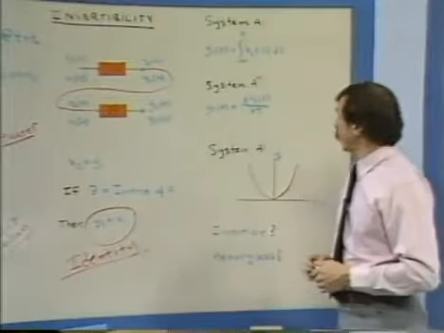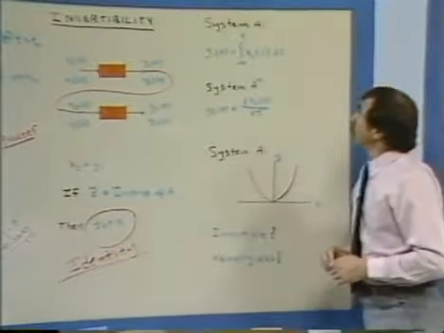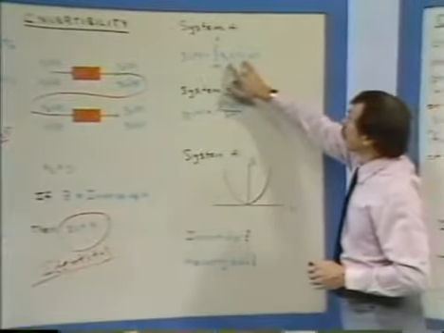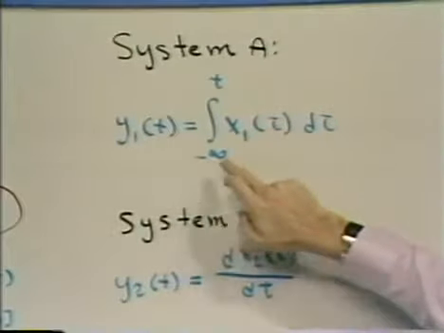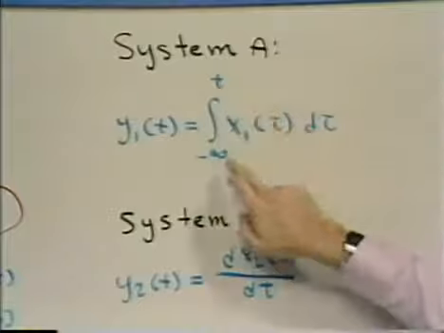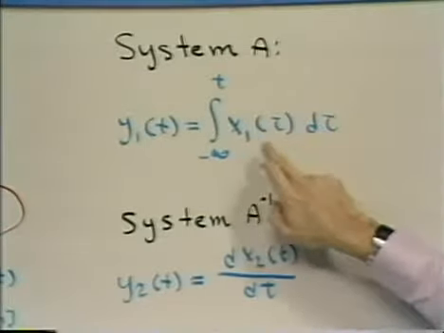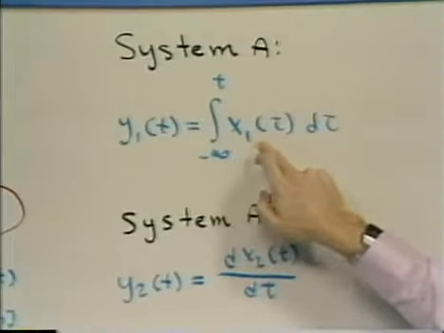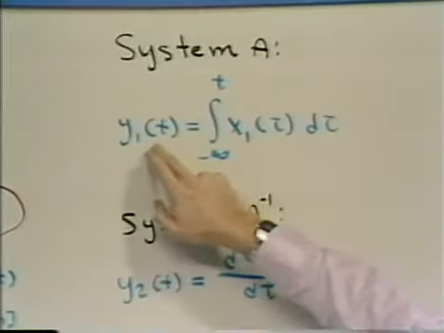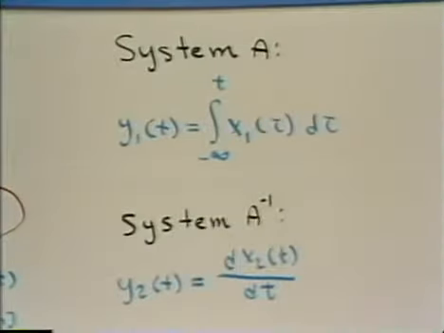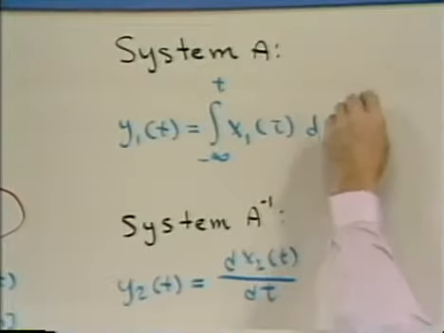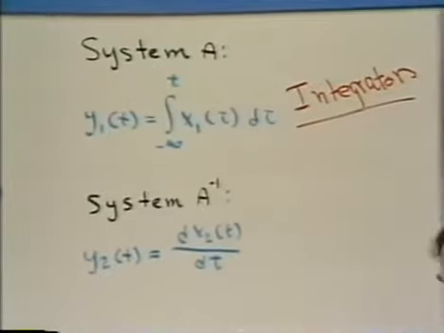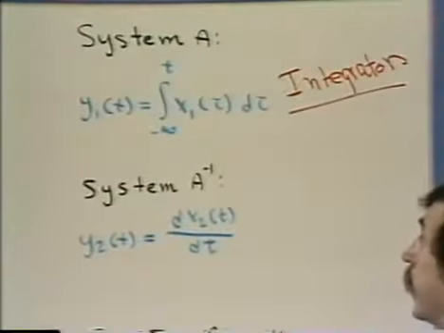So let's look at some examples. If we had System A, as I've indicated here, where now the output is the running integral of the input. And remember that we saw the running integral when we talked about the relationship between steps and impulses. If this happened to be an impulse, then the output would be a step. This system is referred to, of course, as an integrator, since the output is the running integral of the input.